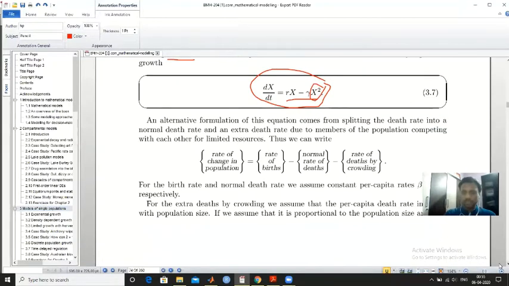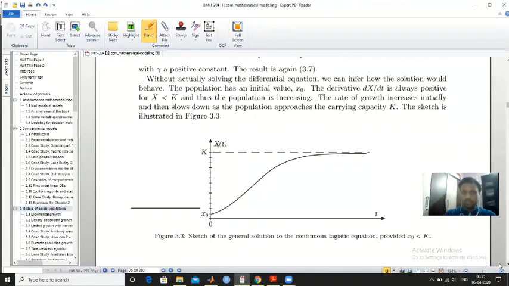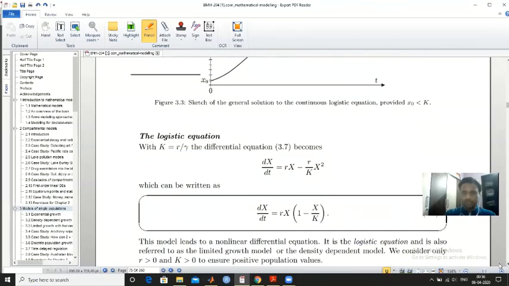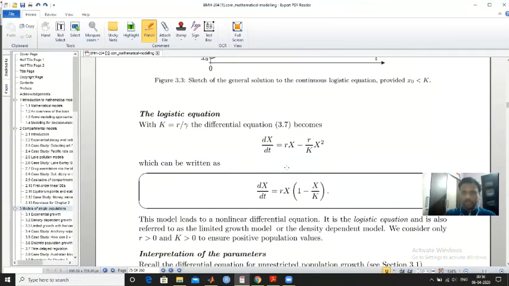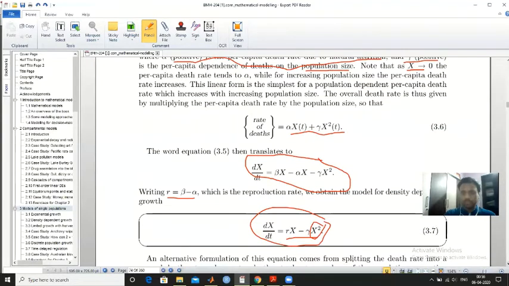This equation can be written as, because what was the previous equation? The previous equation was this one, Rx minus gamma x square.